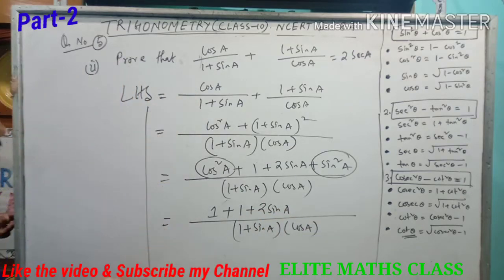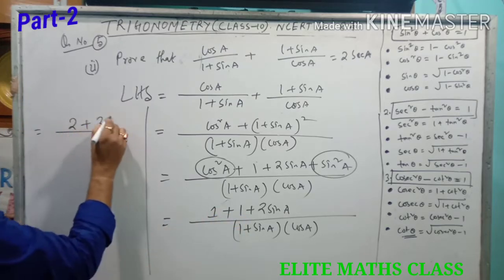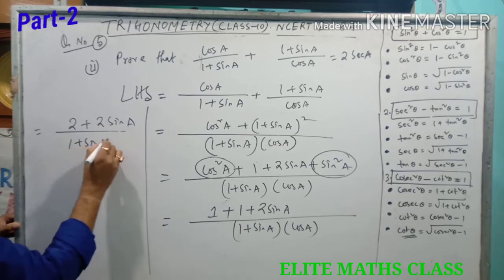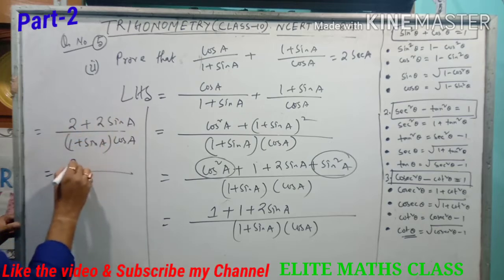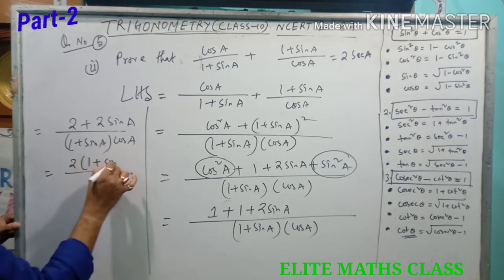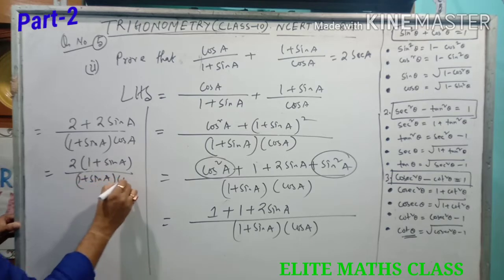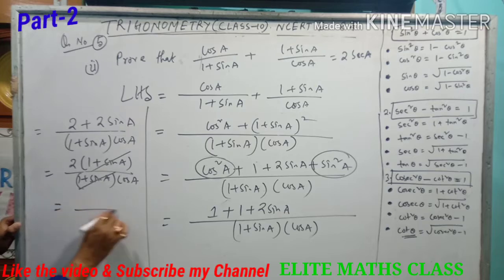Now see the next step, 1 plus 1 is 2, 2 plus 2 sin a, over 1 plus sin a into cos a. Now 2 can be common, 1 plus sin a remains, 1 plus sin a into cos a. 1 plus sin a, 1 plus sin a, same term cancelled.